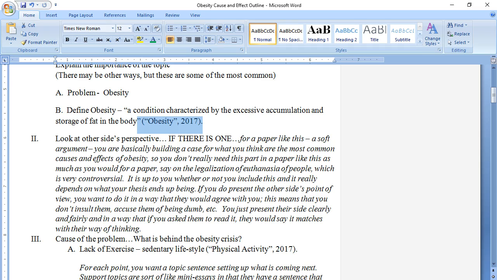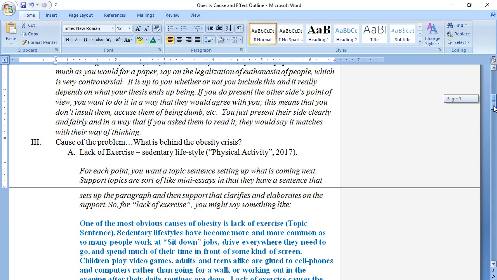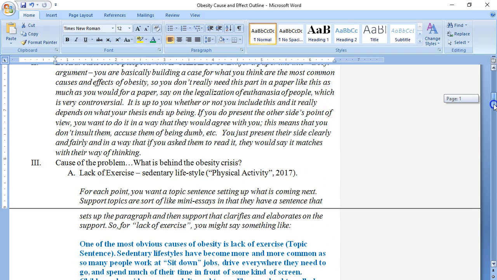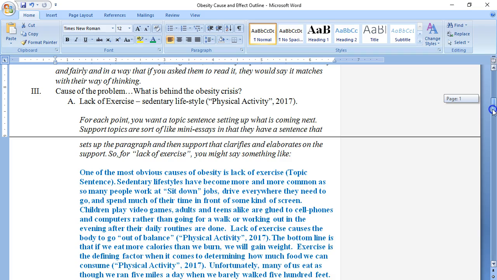The next section would be where you look at the cause of the problem. So in this case, what is behind the obesity crisis? For this paper, I focused more on just looking at causes. But as I've said before, you're absolutely able to make this an effect paper where you focus mostly on the effects of obesity.